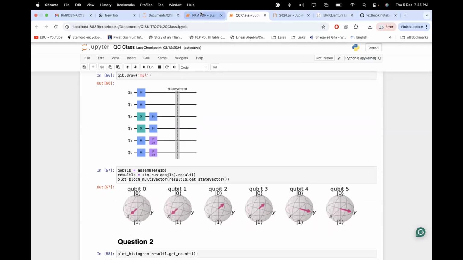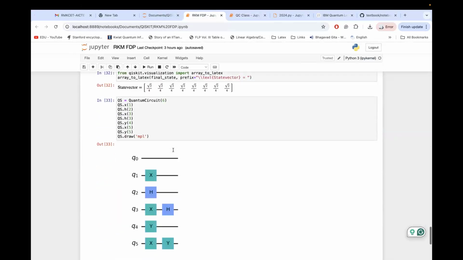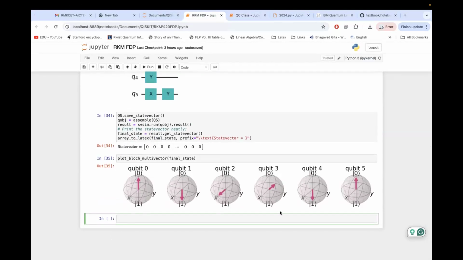So first we will create one circuit. For example, I'm going to create a first circuit with the name, let's say, RKM, that is equal to QuantumCircuit.